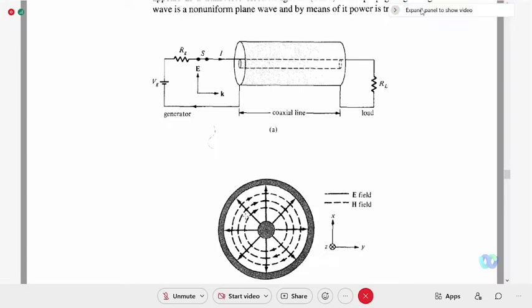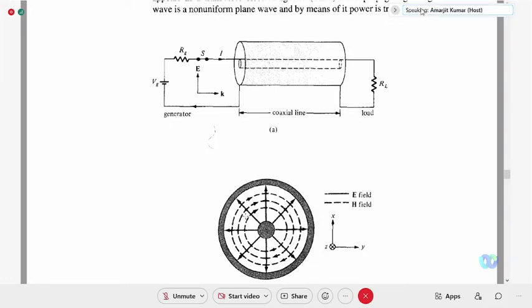Del cross E is equal to... What is Gauss's law? Can you tell? So you forgot. Okay.